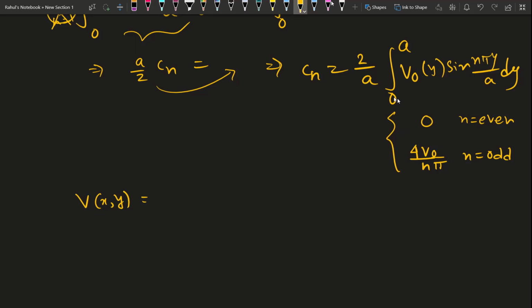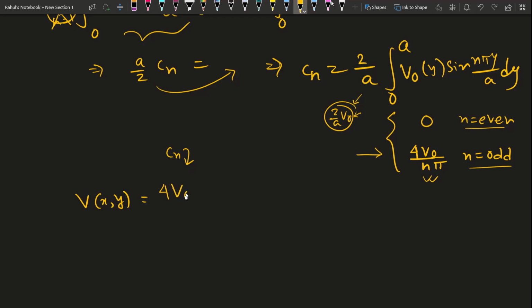Now if you calculate these things, v naught is taken outside, and you calculate the integral from 0 to a of sine n pi y over a dy, multiply with 2 over a, and you will end up with this. For even values of n that will vanish, and only for odd values of n will it become this value. So the value of Cn now becomes this.